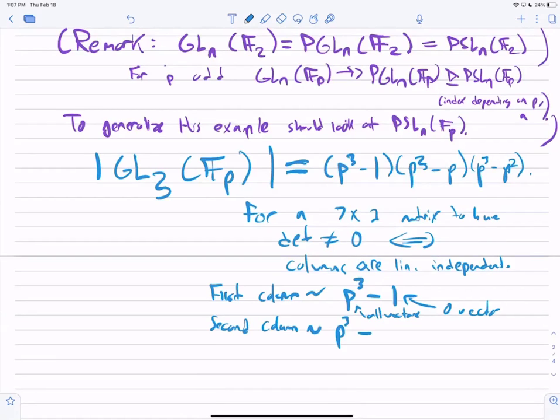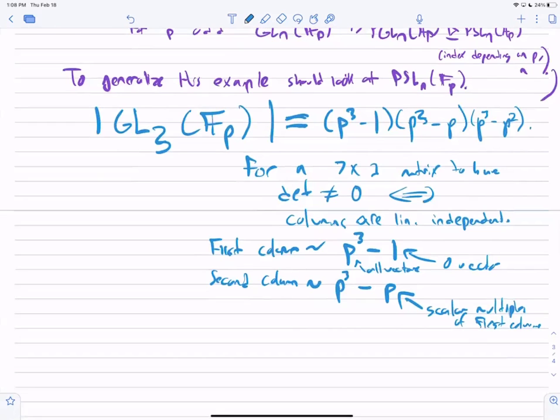But saying that you're picking a vector that's linearly independent of the first vector just means it can't be a scalar multiple of the first vector. So there are p scalar multiples of the first vector, the scalar multiples of the first column. And so good.